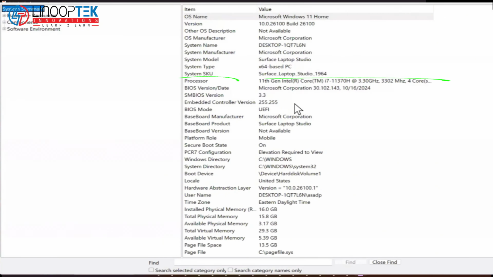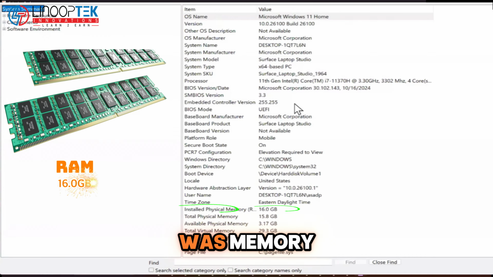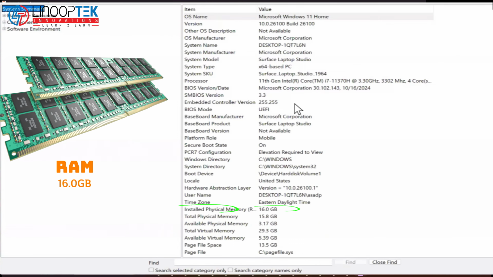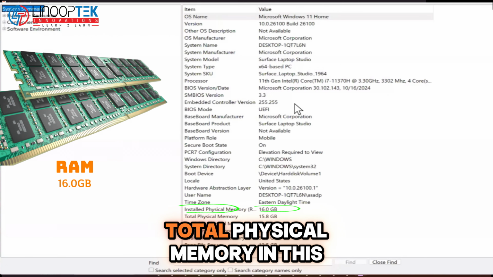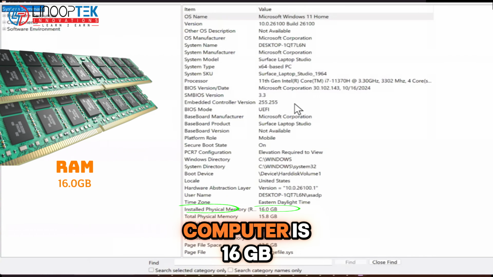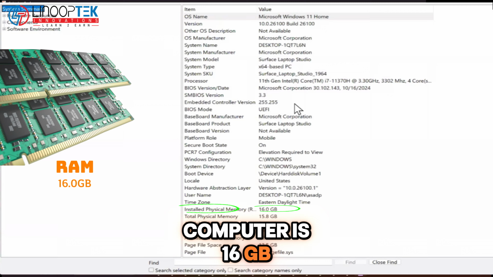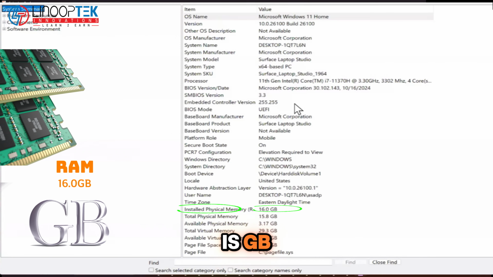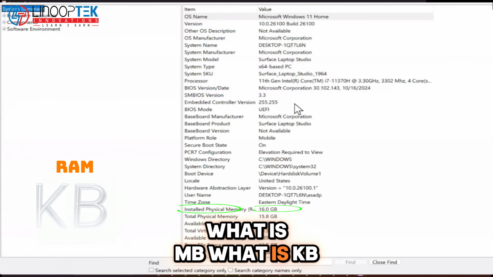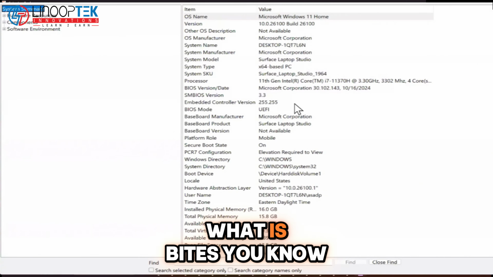The second thing I talked about was memory. Total physical memory in this computer is 16 GB. And we're going to talk about what is GB, what is MB, what is KB, what is bytes.